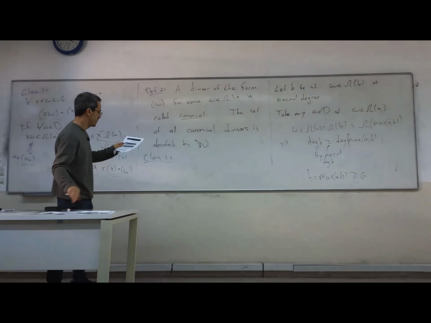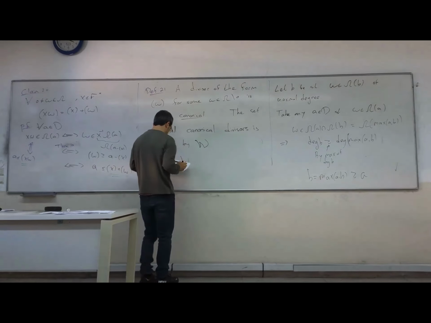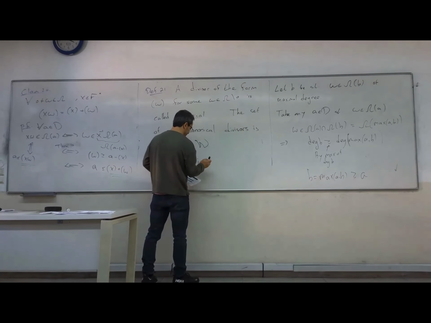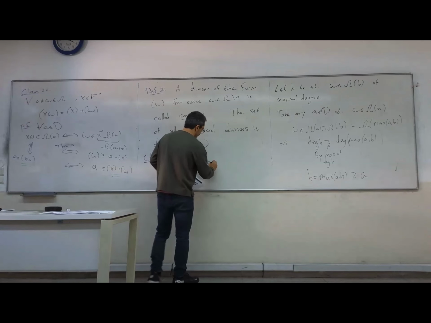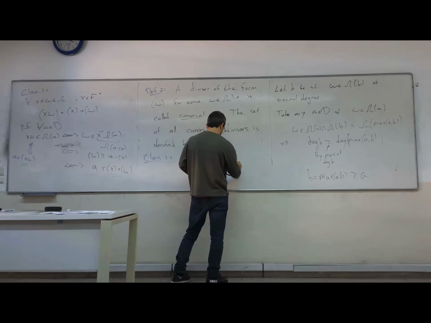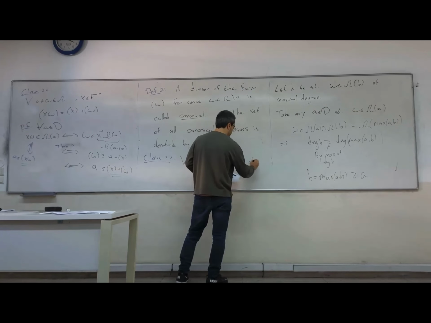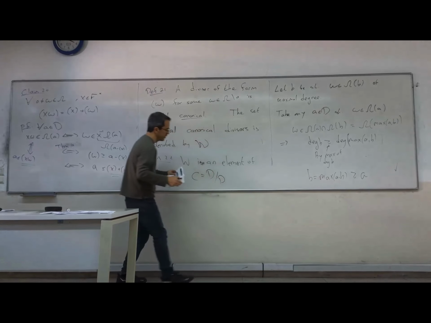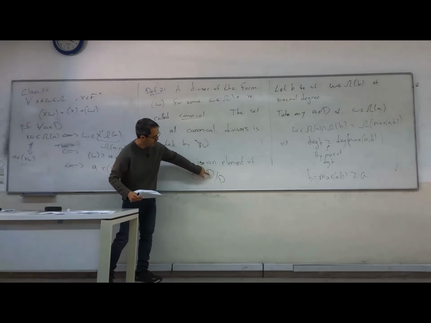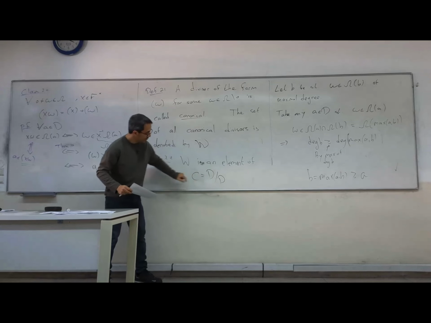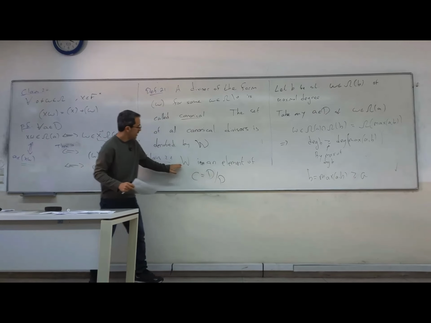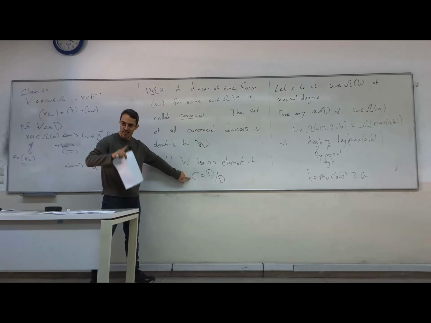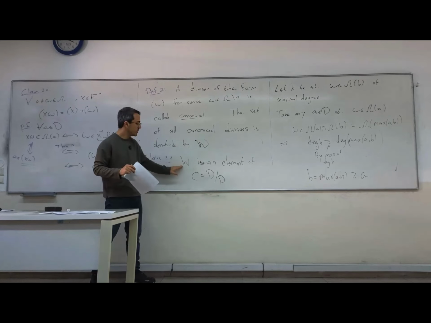The claim says that this W is an element of what we looked at. If you remember, these are all divisors, and this is the principal divisors. So what I'm saying is the W is one class there, an element. That's why it's called canonical.